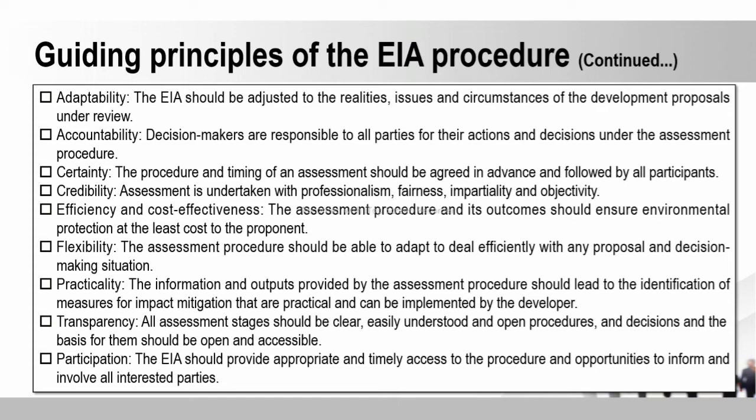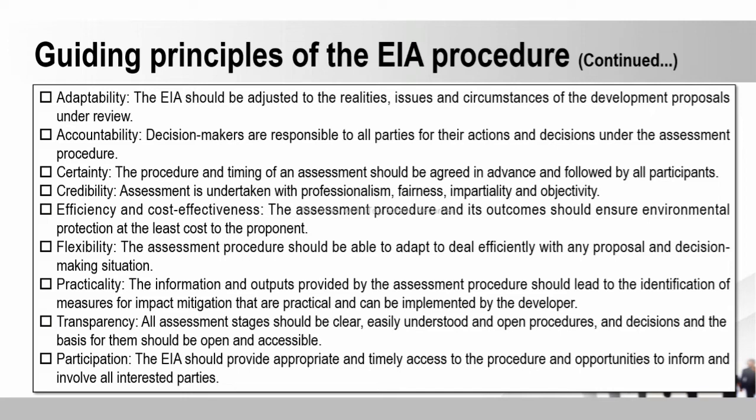So all information and all the data gathered during the assessment or the procedure of the EIA should be open and transparent to everyone. Then the next principle is participation. The EIA should provide appropriate and timely access to the procedure and opportunities to inform and involve all interested parties.